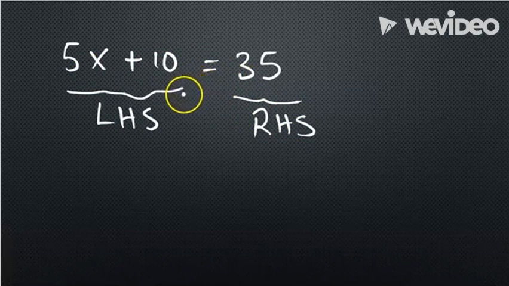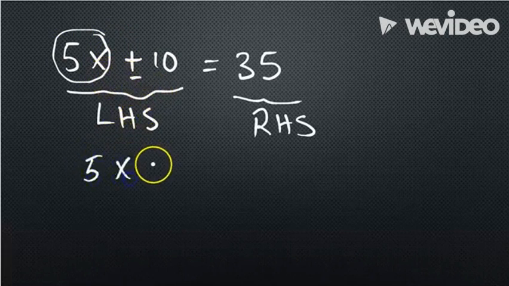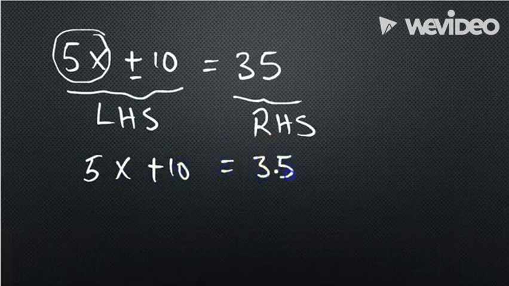So, in order to solve this equation, we look at the sign that comes after the variable. With 5x plus 10 equals 35, the first step is we subtract 10 from both sides of the equation.